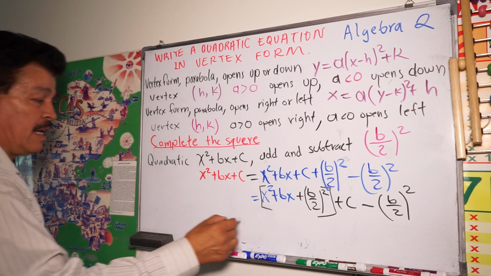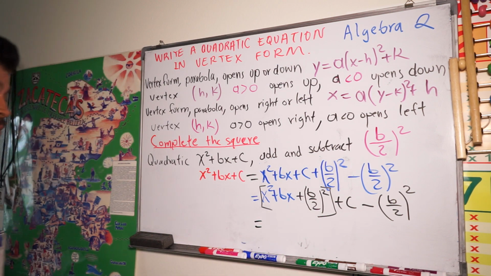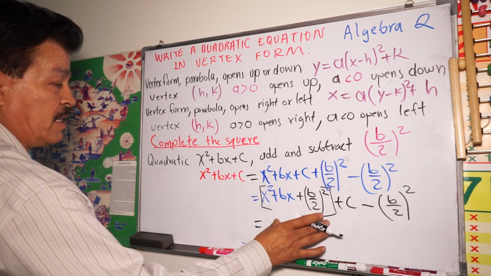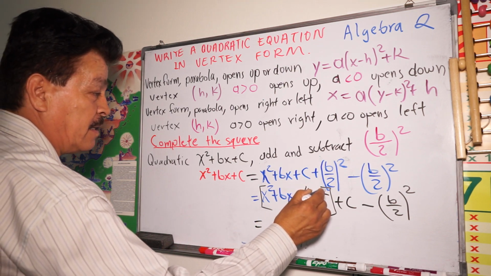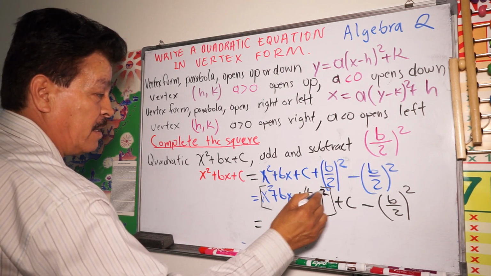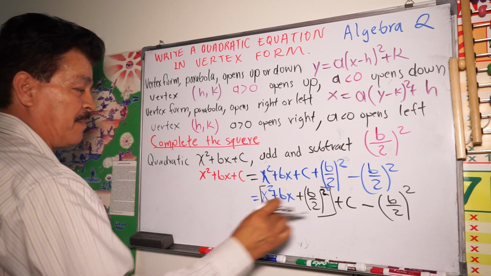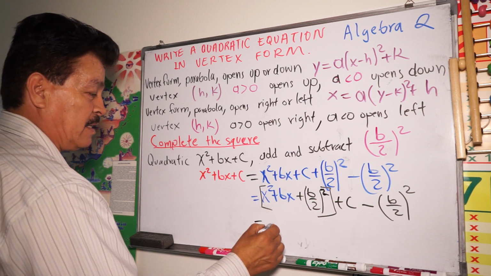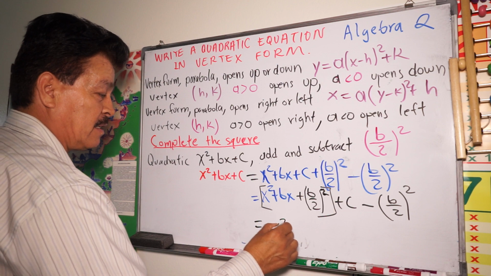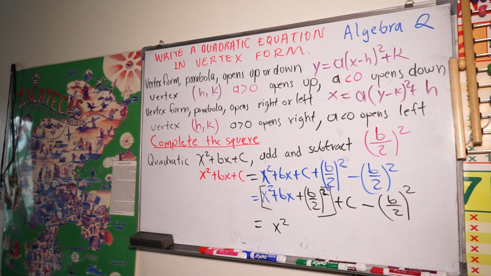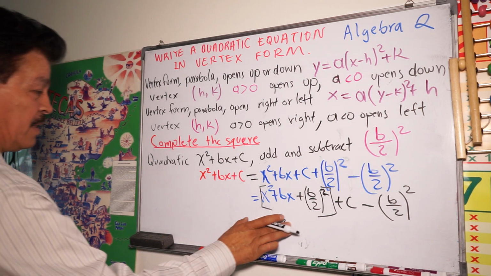Third step, next step, is going to be, so this is a perfect square, right? You are going to write like this, x to the second power. No, it's the last one, yeah?